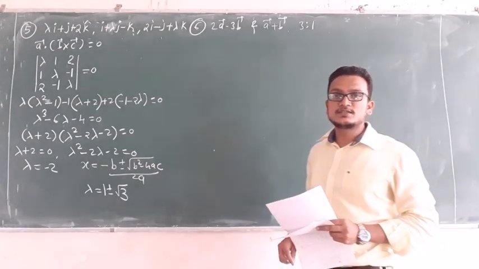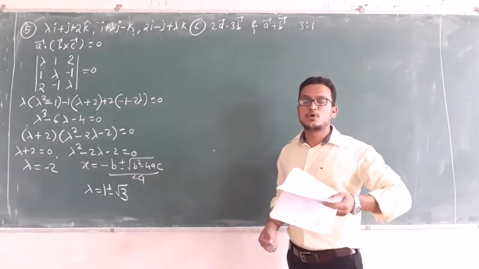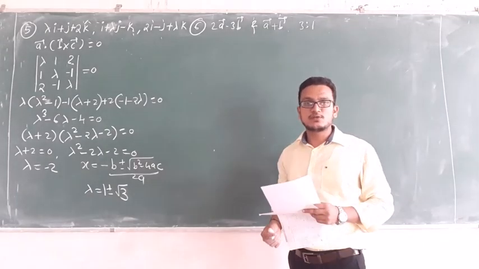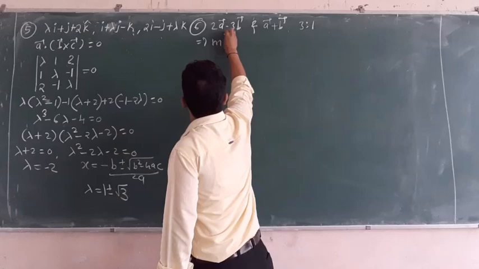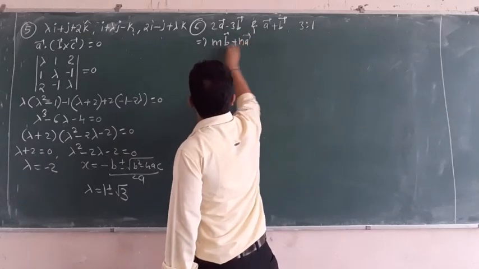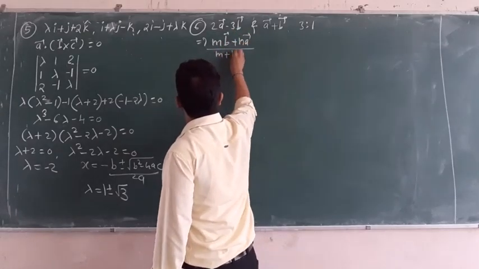When two vectors are given and a ratio is given, obviously it is the section formula, that is, (m times vector b plus n times vector a) divided by (m plus n).